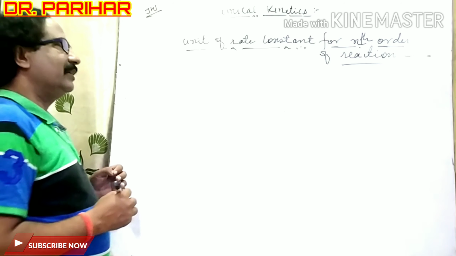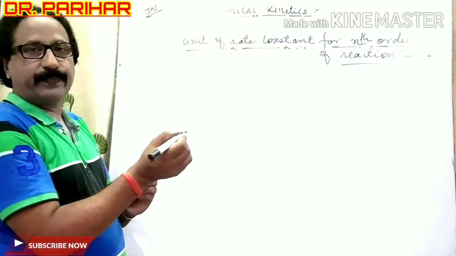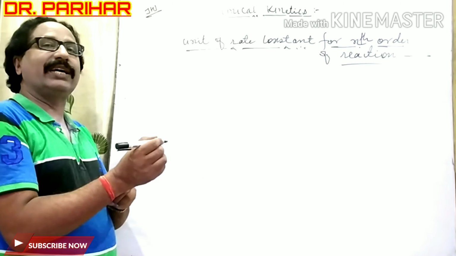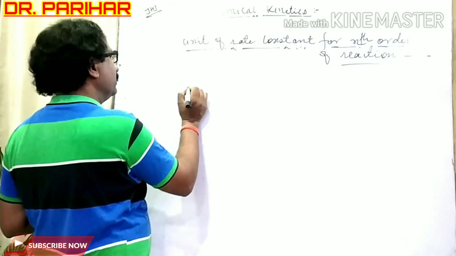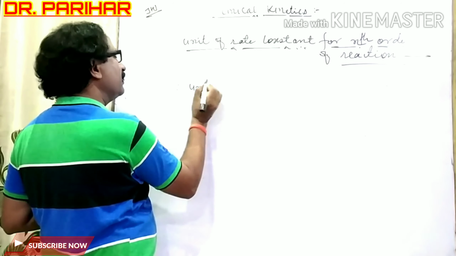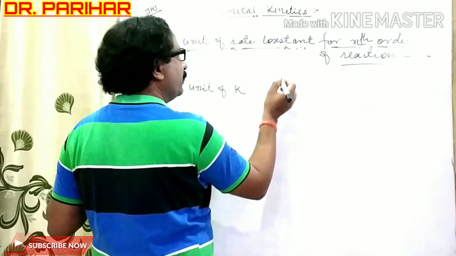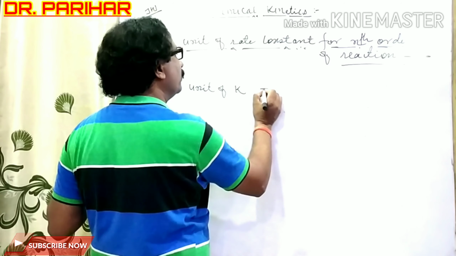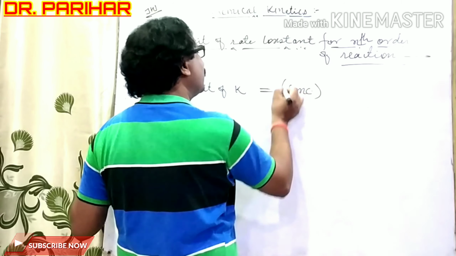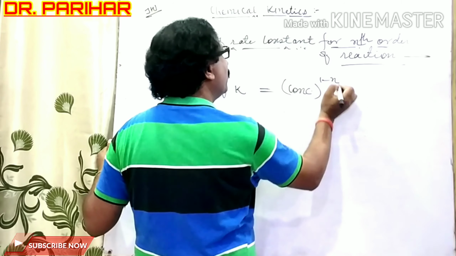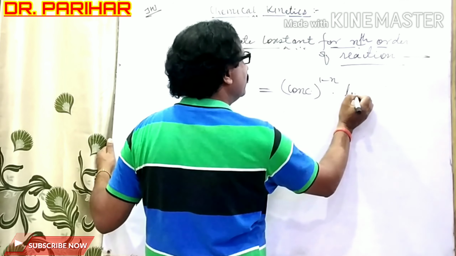Okay. Then we have to use the given formula to decide the unit of nth order reaction. Since unit of K for nth order reaction is equal to concentration to power 1 minus n into time inverse.